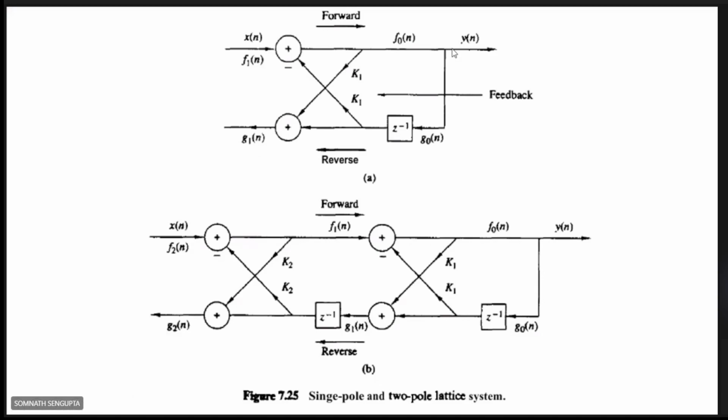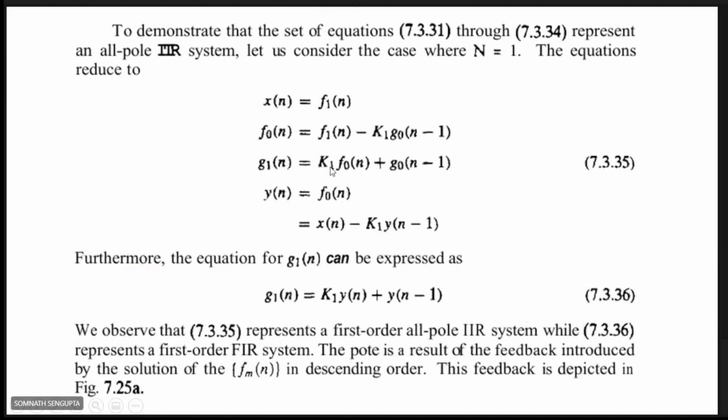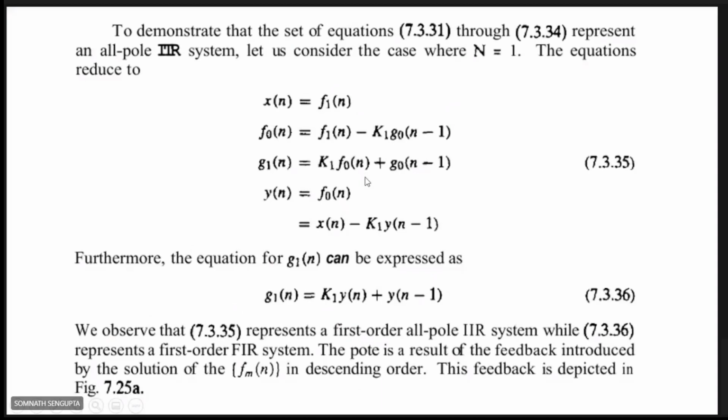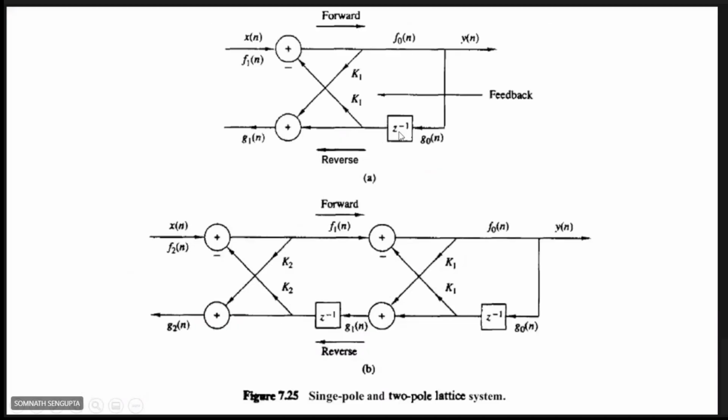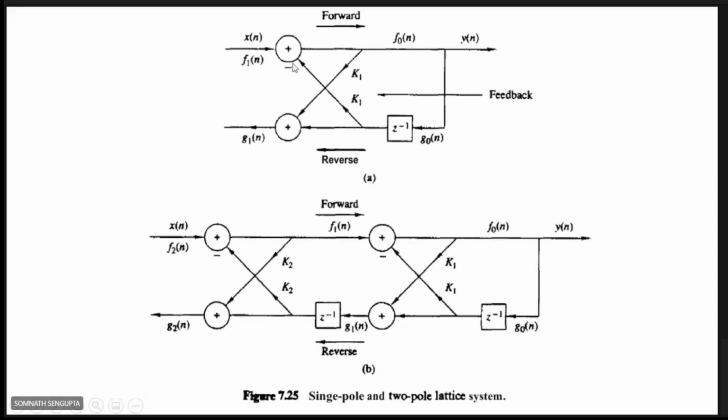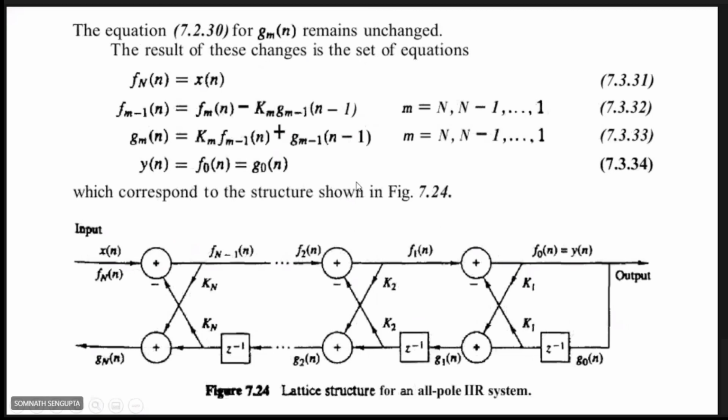g1n is the addition of these two functions: k1 into f0n plus g0n minus 1, with no multiplication with a constant for g0n minus 1. So you have to remember this structure formula.